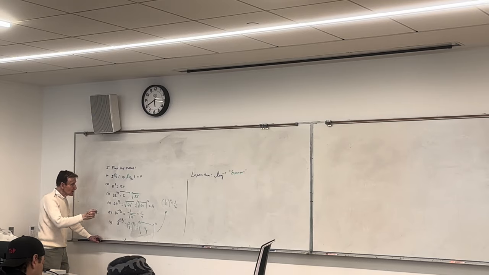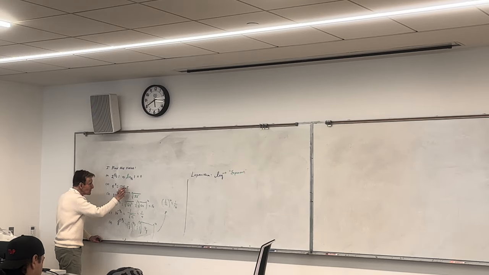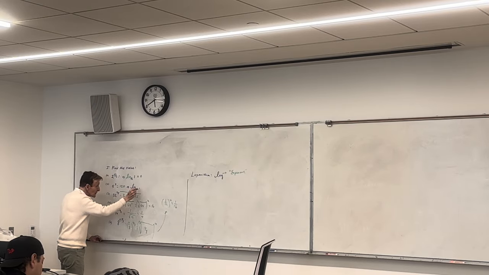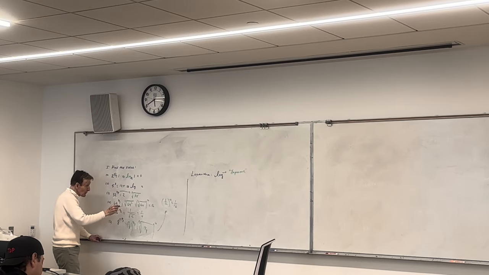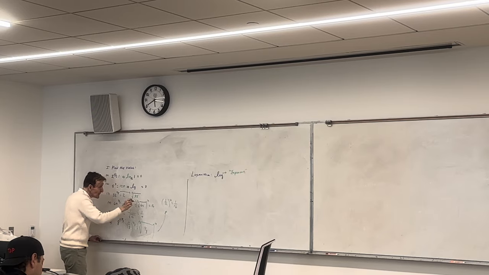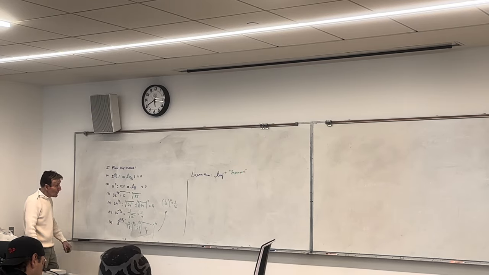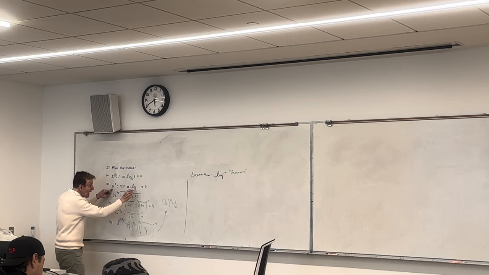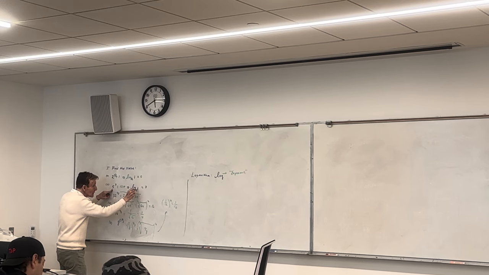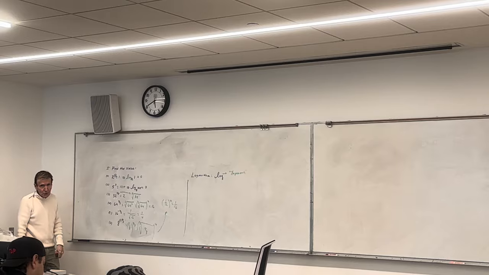Next one, let's rewrite this in log form. 5 cubed is equal to 125. The log, which is associated with the exponent, is 3. That's my exponent. When does that happen? When the base is 5 and my number is 125. Those two are saying the same thing.